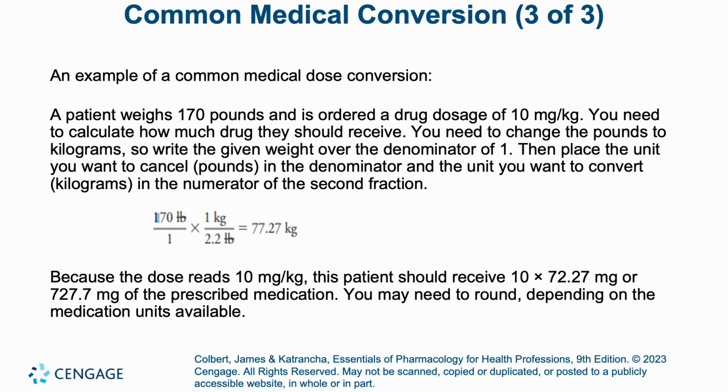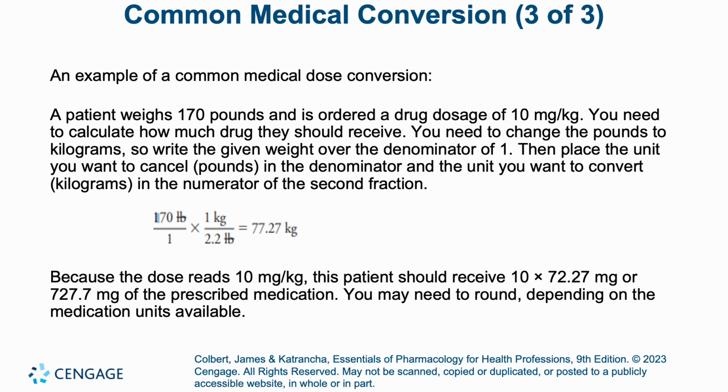As long as one's on the top and one's on the bottom, you can cancel out the units. So what you end up getting is 170 pounds over 1 times 1 kilogram over 2.2 pounds. The pounds cancel out, and you get an answer of 77.27 kilograms.